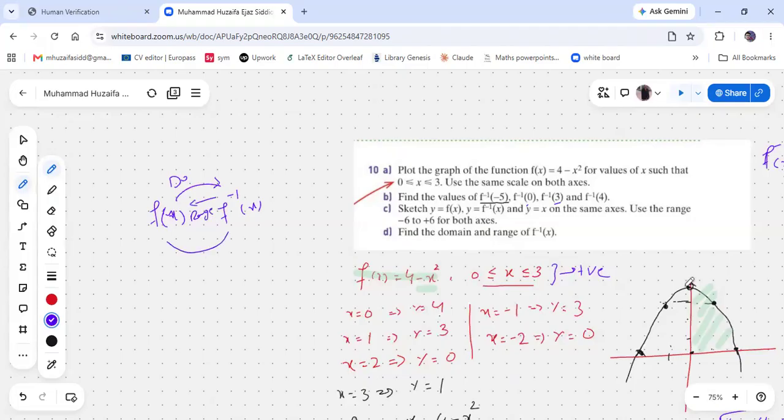So this is our range, but in the opposite side, this is our domain. Look at here. This is the function's domain. So on the behalf of this one, the range of f inverse of x is what? 0 less than or equal to x, x less than or equal to 3.